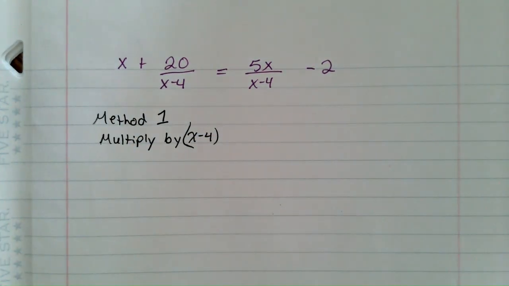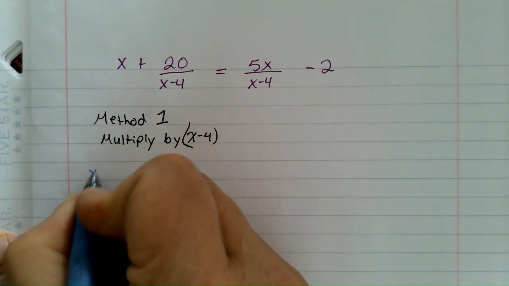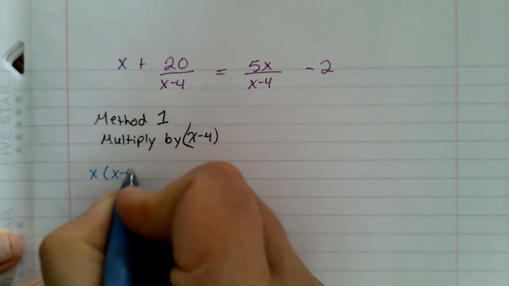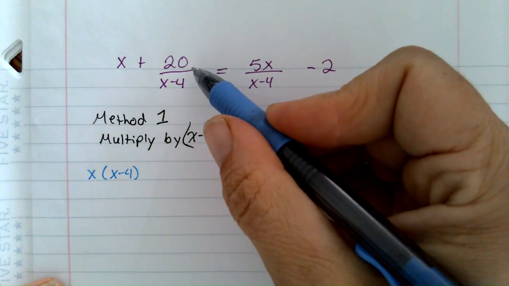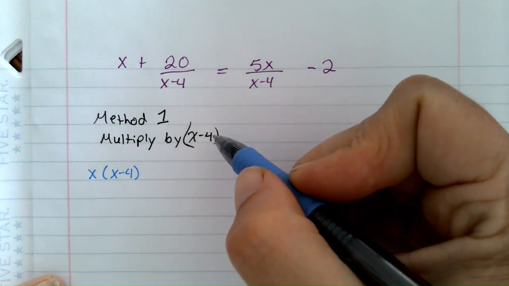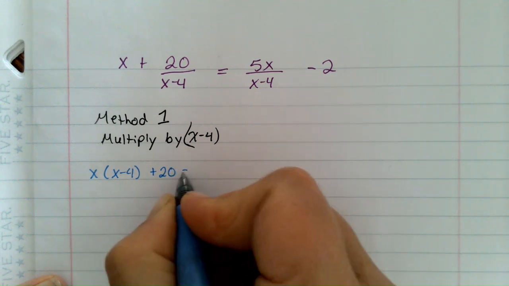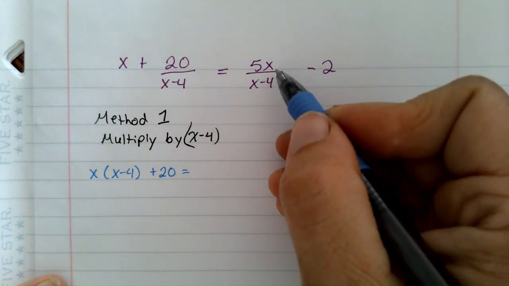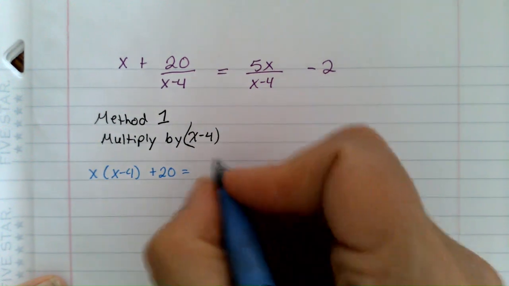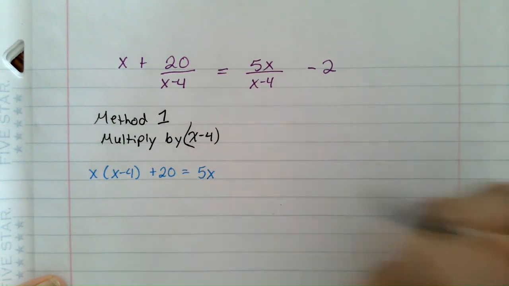Okay, so that would give me x times x minus 4. When I take this fraction and I multiply it by x minus 4, the x minus 4s will cancel out and I'll be left with 20. When I take this fraction and I multiply it by x minus 4, the x minus 4s will cancel out and I'll be left with 5x.